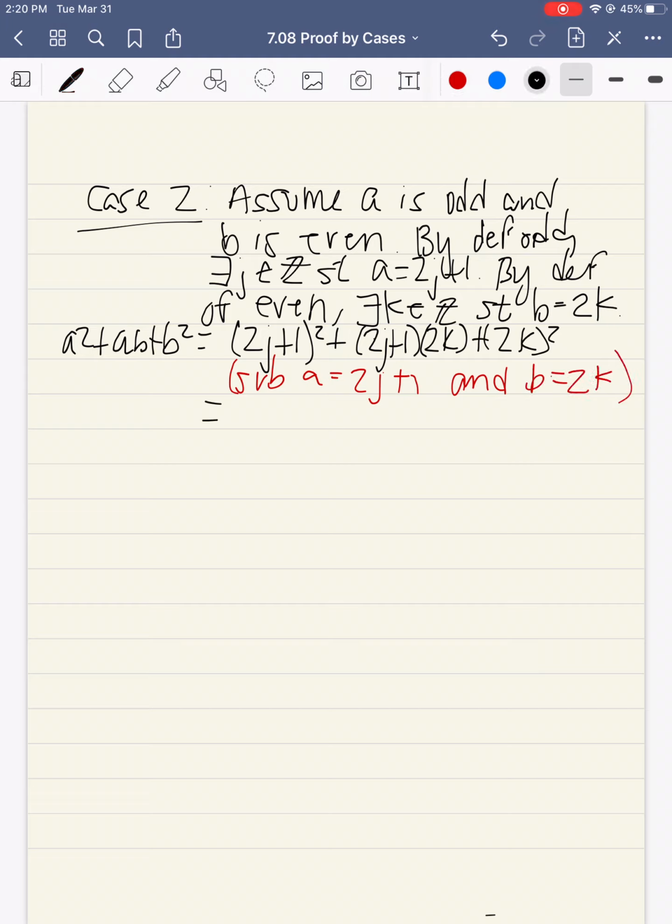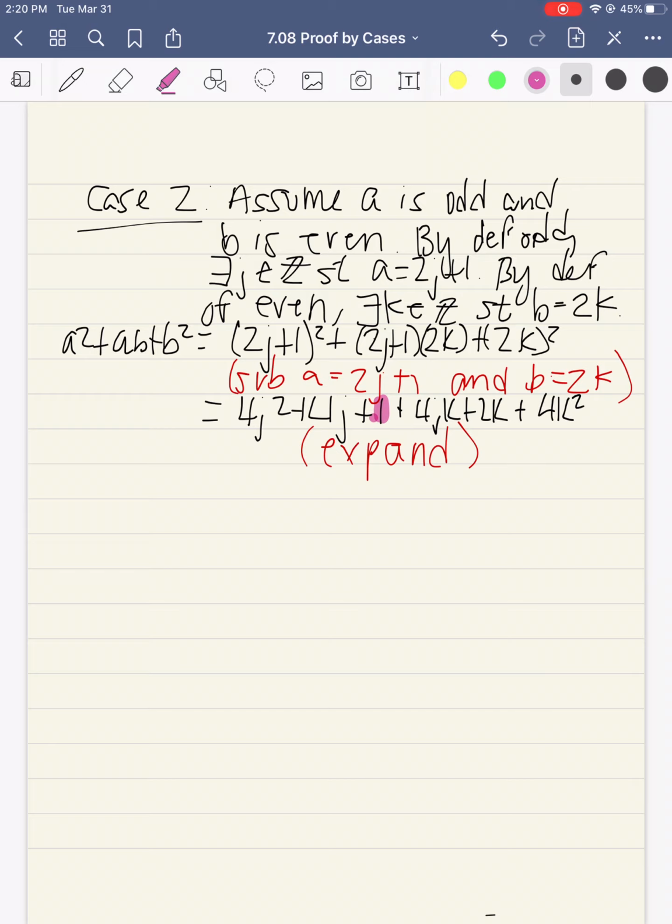then I can go ahead and simplify. Or rather expand, not simplify. And if I look at this, I don't have any like terms, so I don't have anything to simplify. So I can go ahead and factor out a 2 while leaving this 1 on the outside so that I can say that this expression is odd.